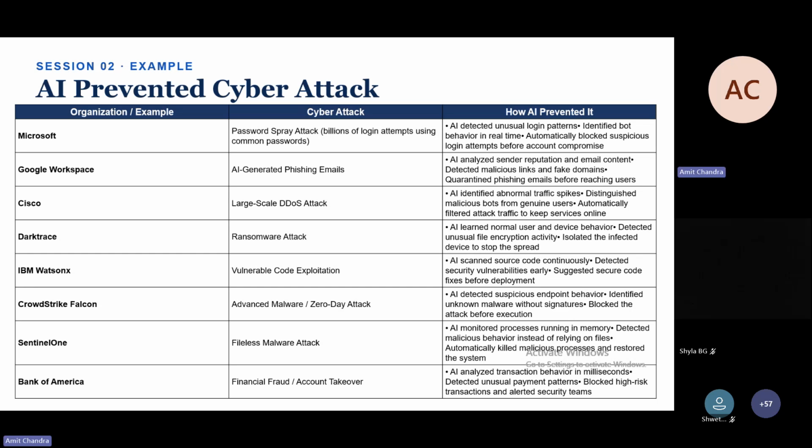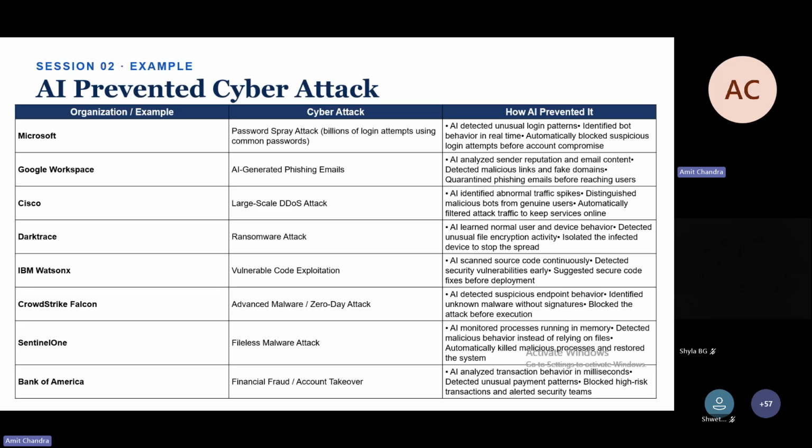Now, the next one is IBM watsonx, vulnerable code exploitation. Here, AI helped by continuously scanning the source code and detecting whether there is any kind of security vulnerability in it or not.